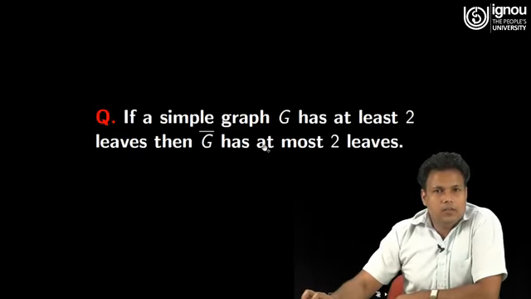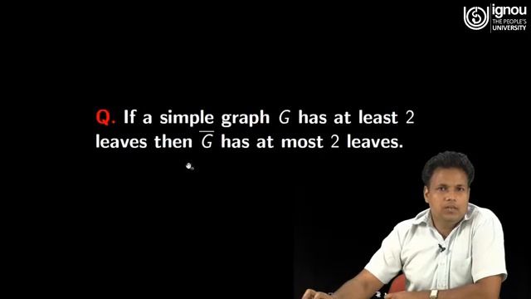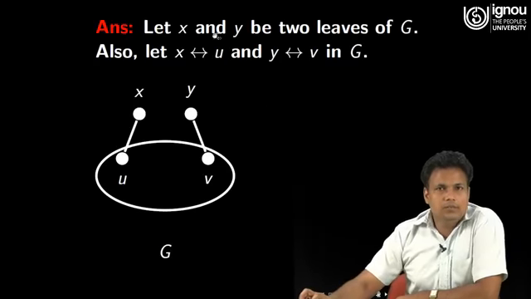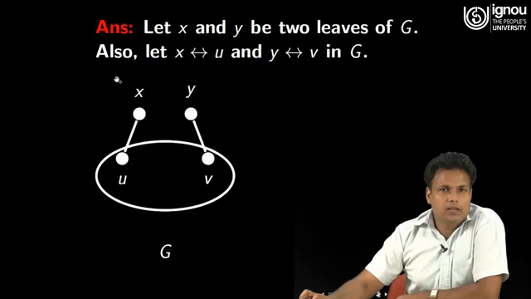Now, let us look at the last question. If a simple graph G has at least 2 leaves, then G bar has at most 2 leaves. You can recall that a leaf is a vertex of degree 1. Here we are given that a simple graph G has at least 2 leaves, and we have to show that G bar has at most 2 leaves. So, we just consider any 2 leaves x and y of G, and let u and v be the vertices in G such that x is adjacent to u and y is adjacent to v.